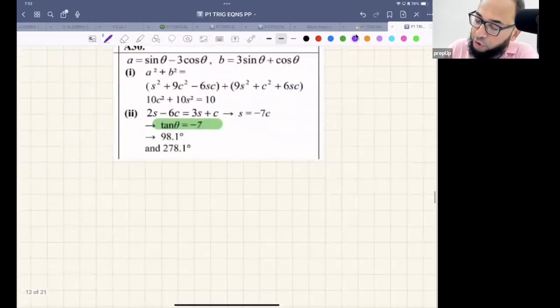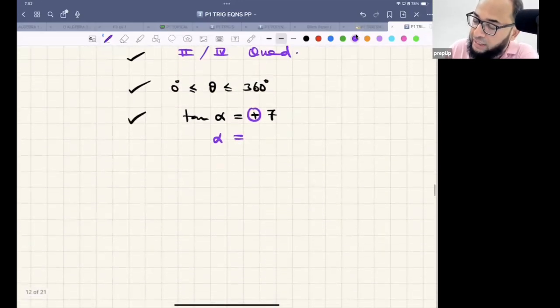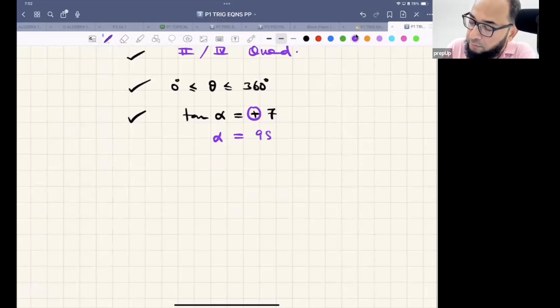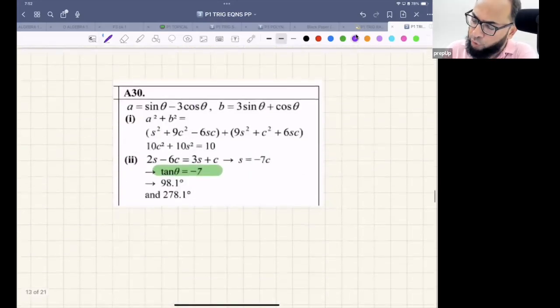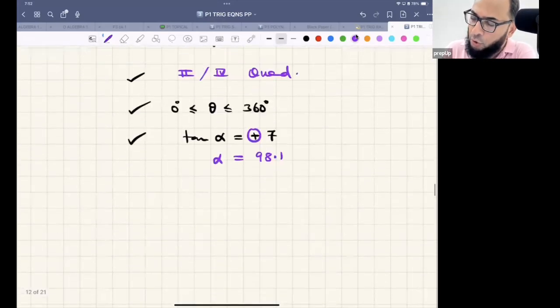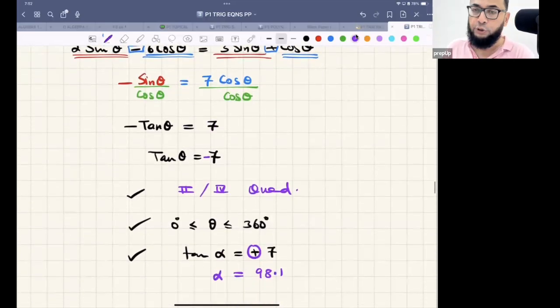Therefore, alpha comes out to be 98.1 degrees. And is it positive 7? Negative 7. Okay, so let me just use my calculator. So that is the scientific, clear, and shift tan. I'm interested in degrees.